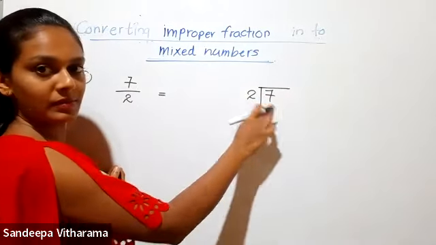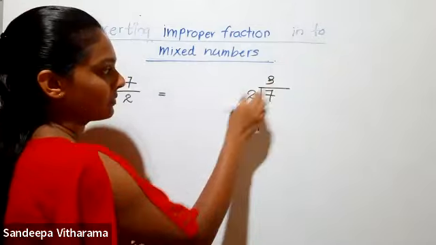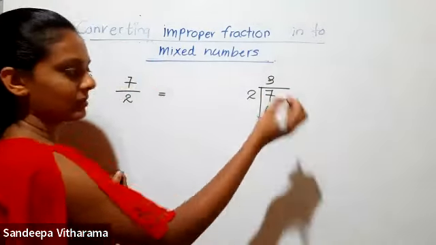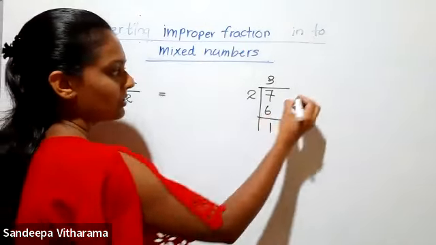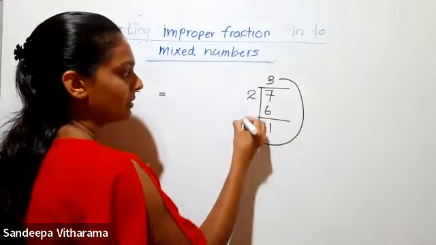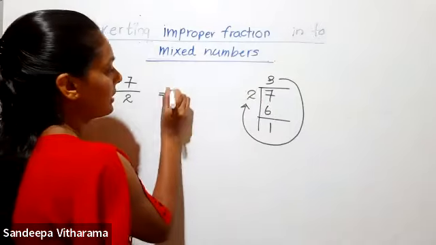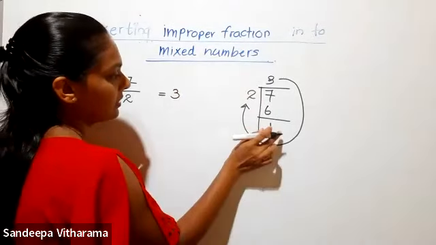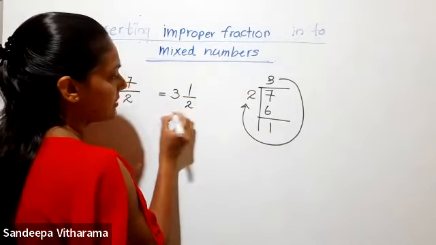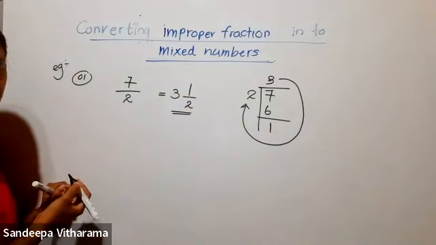How many 2s in 7? 7 ඇතුළේ දෙකේව කීයක් තියෙනවද? 3යි. 3 වරක්ද 6යි. Then 7 minus 6 is 1. So when you write the answer, you have to start from here to here. Because we write 3, then 1. This is the order of writing the numbers here.